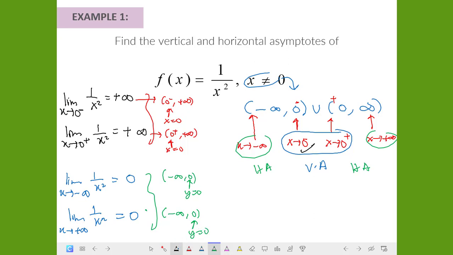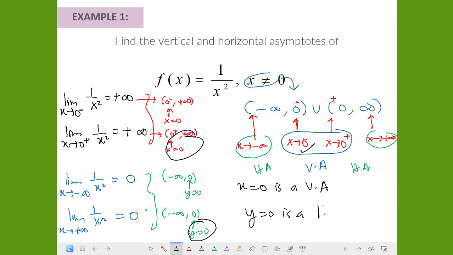So we can conclude that x is equal to 0 is a vertical asymptote, and y is equal to 0 is a horizontal asymptote. You have to write a full sentence: vertical asymptote, horizontal asymptote. You can erase this; it is just for you.